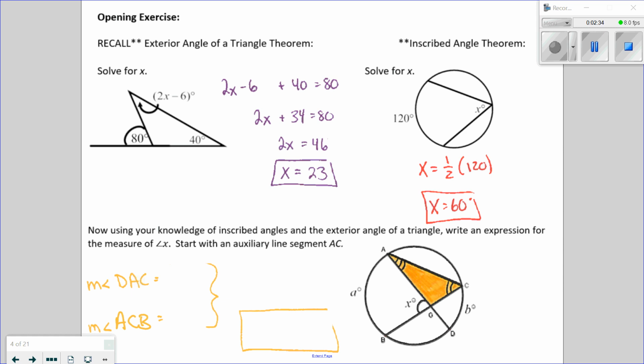Now, angle AGB, where X is located, is an exterior angle to the triangle that we just drew.